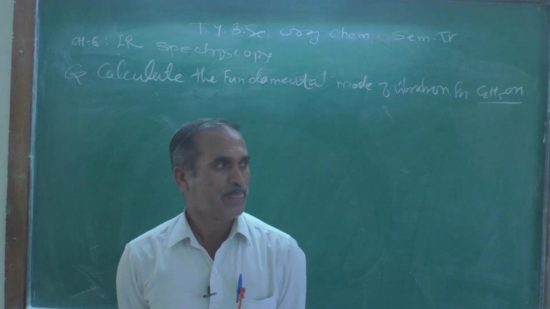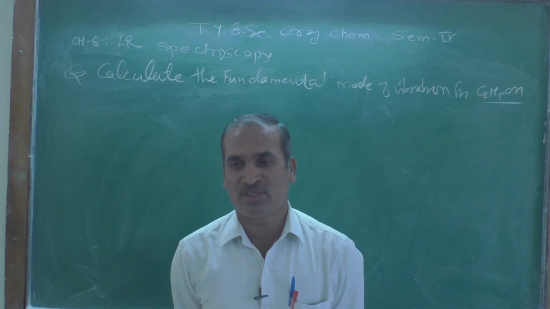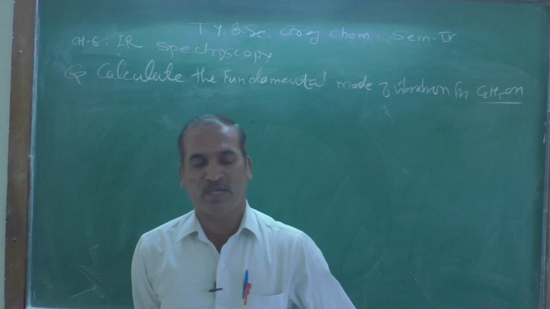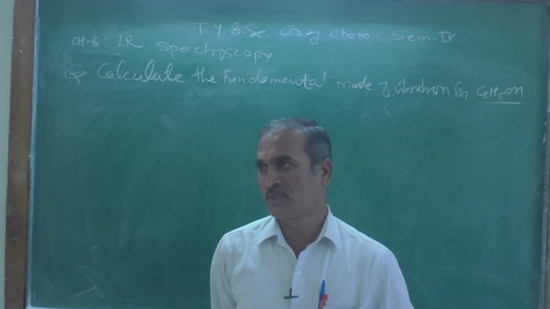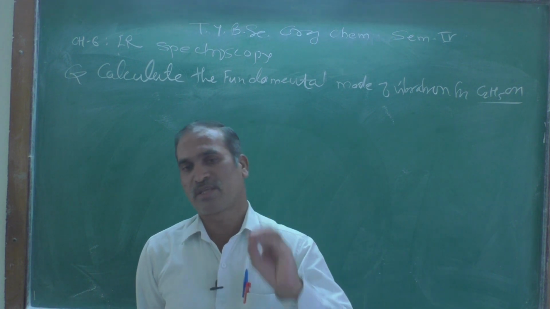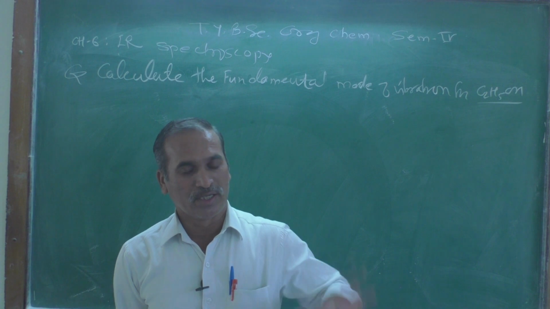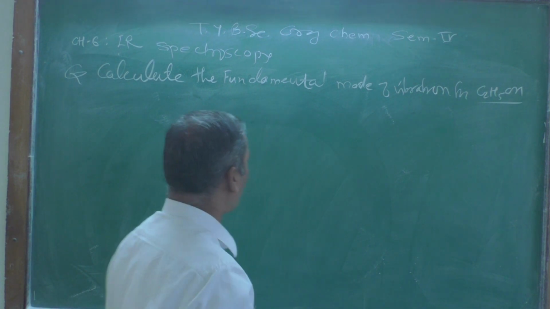And if you see here, C2H5OH is nothing but ethanol. Sometimes it is written as ethanol, or the molecular formula C2H5OH is given, it is nothing but ethanol. Here you know the structure of ethanol will be like this.